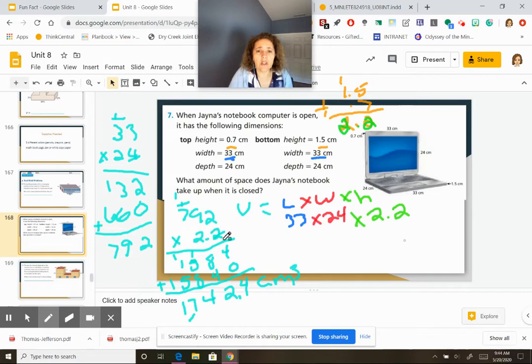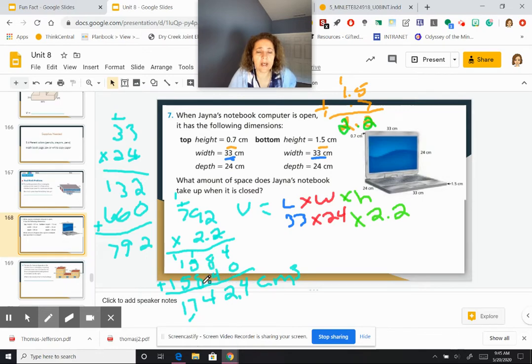Then I have to multiply it by 2.2. So 792 times 2.2. Remember, you just ignore the decimal, multiply like normal, then we add it at the end. 2 times 2 is 4, 9 times 2 is 18, carry my 1, 7 times 2 is 14, plus my 1 was 15. I'm done with that, put a 0 in my placeholder. Then I did the same again, and added it all up. 4 plus 0 is 4. 8 plus 4 is 12.